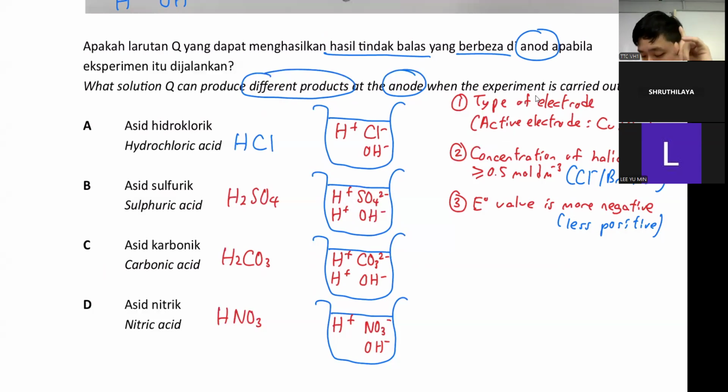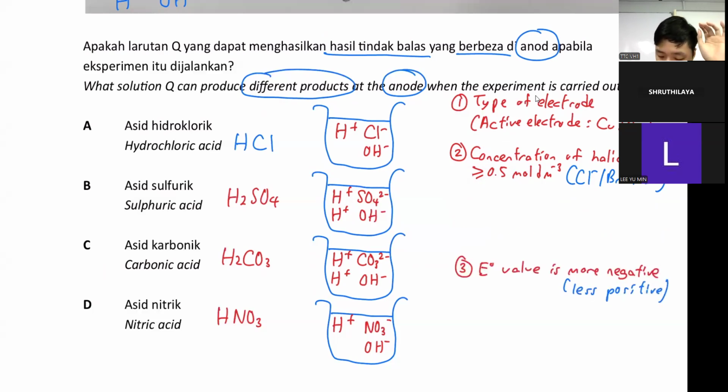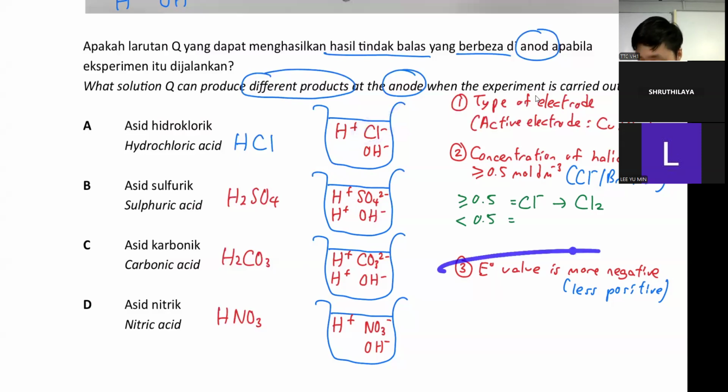If the concentration is equal to or more than 0.5, you will choose Cl minus to undergo oxidation to get Cl2. If the concentration is less than 0.5, do you choose Cl minus? No. Then you follow the third factor.